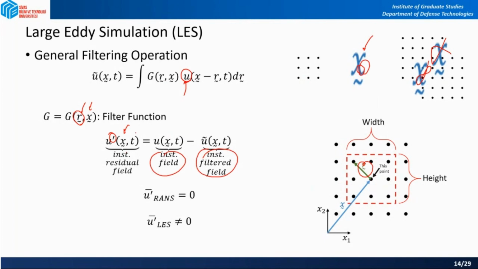And remember that in Reynolds averaging, you had u prime, and this u prime was used for the fluctuations, right? And we said that there is a characteristic that the average of u prime for RANS is equal to 0. But in LES, u prime, as you see, is used for the residual, but the average of the residuals of LES will not be 0.